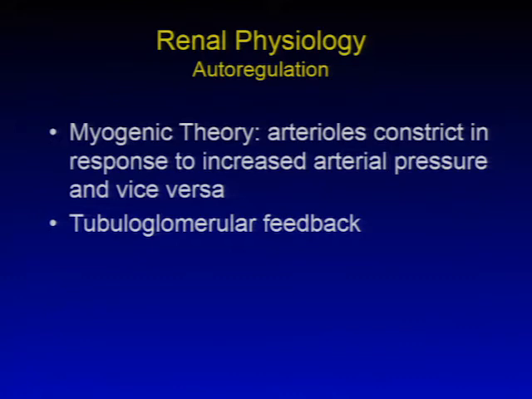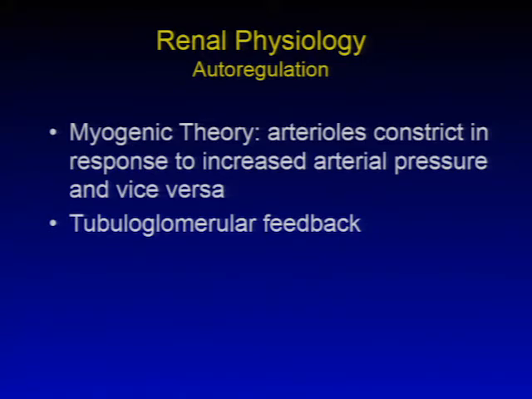The theories of autoregulation. The first theory that I want to talk about is the myogenic theory, which basically states that whenever there is an increase in blood pressure, the afferent arterioles stretch, which causes them to reflexly constrict, thereby decreasing the blood flow. The second mechanism is the tubulo-glomerular feedback, which is mediated by chloride ions.